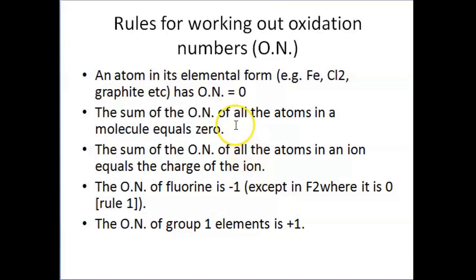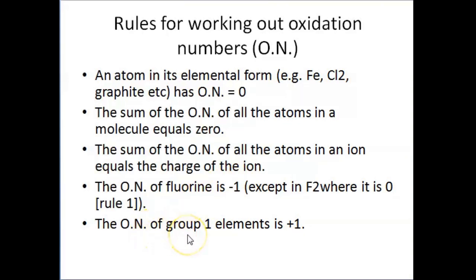So, if the atoms in a molecule are considered, then it is equal to 0. But if we talk about the oxidation number of all the atoms in an ion, then it is equal to the charge of the ion. The oxidation number of fluorine is -1 except in F2 where it is equal to 0.